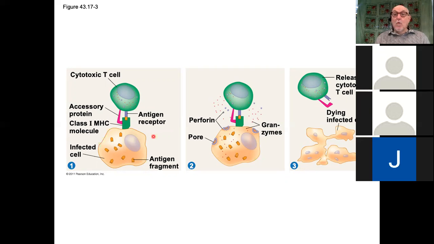This is not a picture of the dendritic cell interacting with the T cell. That takes place in the lymph node. But the dendritic cell, when it exposes the little antigen fragment and excites the helper T cells, can also interact with the cytotoxic T cells.